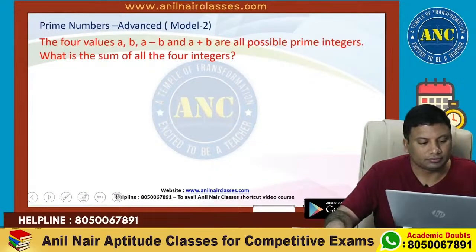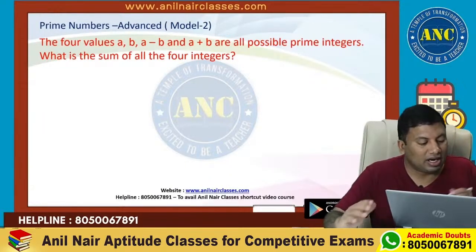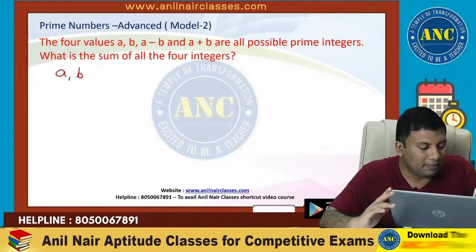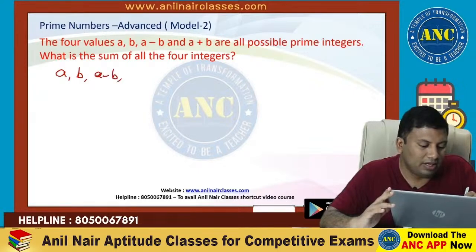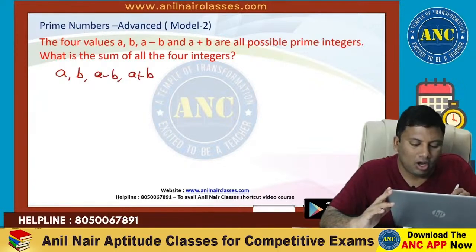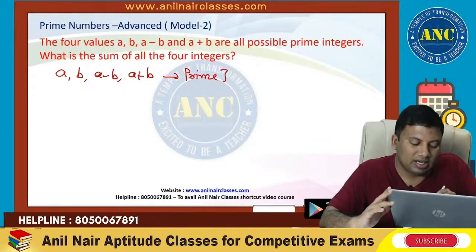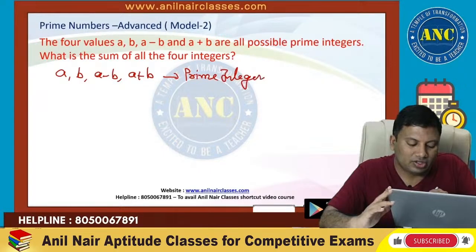Next one. Model number 2. There are 4 values: A, B, A minus B, A plus B. All are prime integers. A prime number is a subset of natural numbers, so all the values are greater than 0.